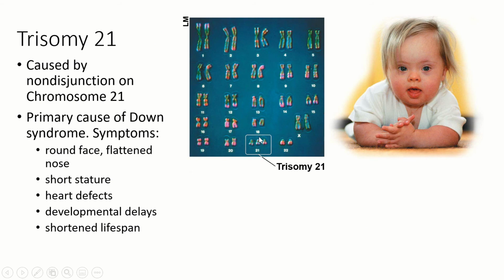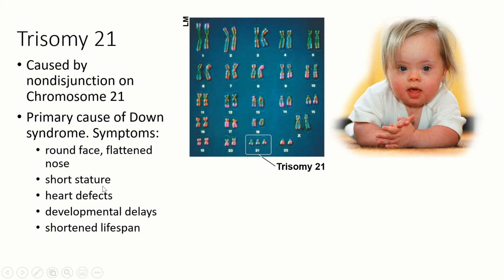If it happens on chromosome number 21, wherever it happens, we call it trisomy, meaning 3 somatic chromosomes. If it happens on chromosome number 21, it causes Down syndrome. And Down syndrome is characterized by some physical abnormalities, especially a rounded and flattened face.